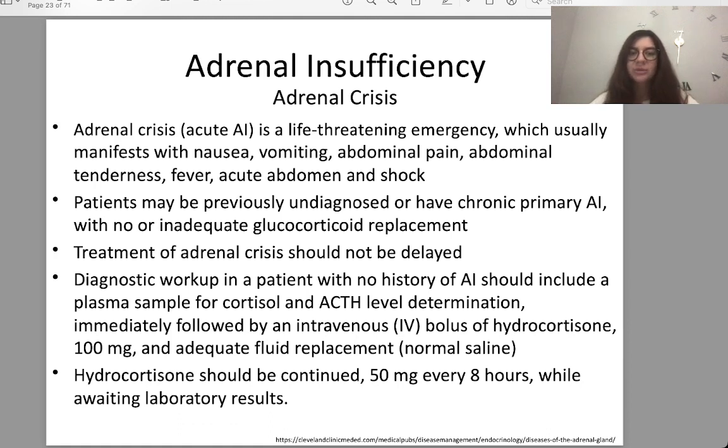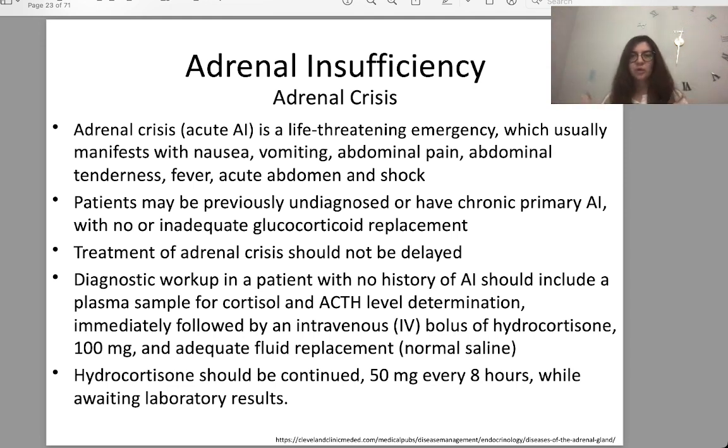Diagnostic workup in patient with no history of adrenal insufficiency should include plasma sample for cortisol and ACTH level determination, immediately followed by IV bolus of hydrocortisone 100 mg and adequate fluid replacement, normal saline replacement, even not waiting for result of analysis.